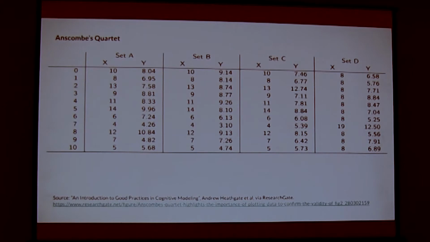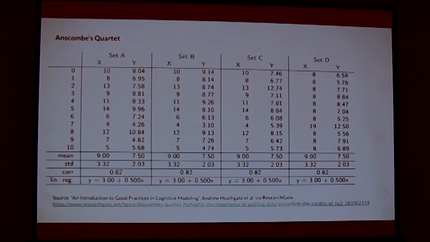So why visualization? Some of you may have seen this data set before. If you have, no cheating, but if you haven't, can anyone looking quickly tell me the difference between each of these four tables? It's difficult. We can do the traditional statistics method, so we'll take the mean, the standard deviation, the correlation, and the linear regression of each of these tables, and we find that they're identical, statistically speaking.